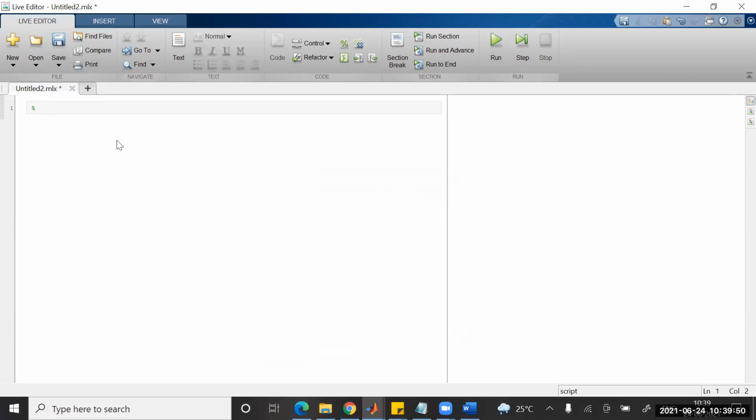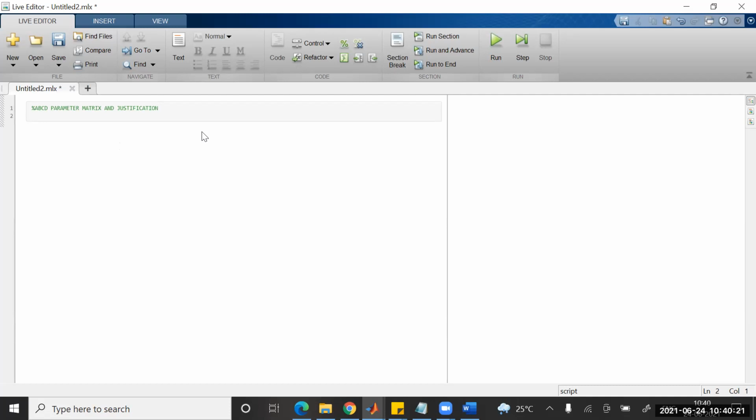So let's write and proceed with our further process. First we'll write the heading: ABCD parameter. We'll have an ABCD parameter matrix and justification. We'll write this.